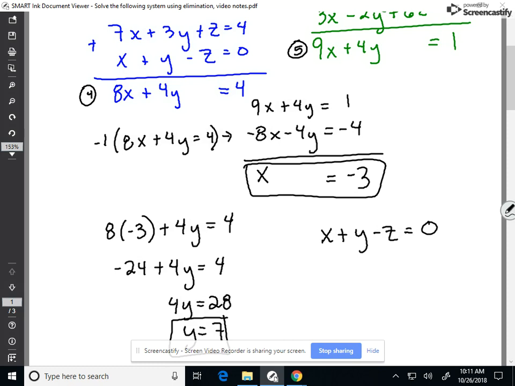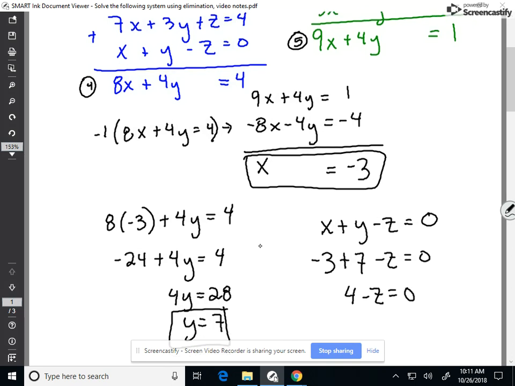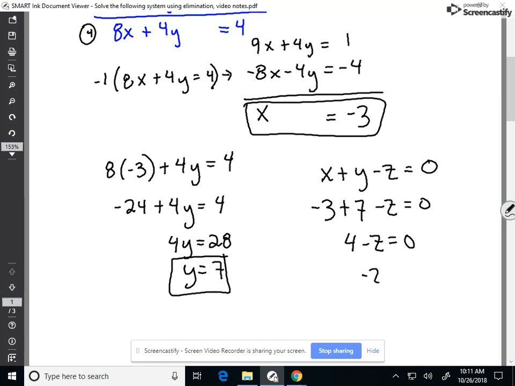So plugging in what we have already, I've got a negative 3 for x, a 7 for y, and a negative z equals 0. Negative 3 and positive 7 are going to make 4. 4 minus z equals 0. We're going to subtract 4 from both sides and divide by negative 1. And I get z equals 4.